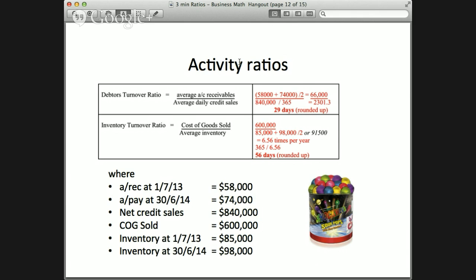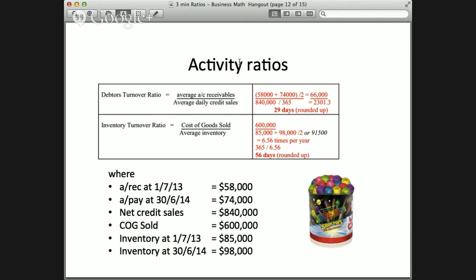So you're actually collecting the money owed to you on average in 29 days. Yeah, so that's not very good. If your payment terms and conditions are 7 days, that's really 22 days out of sync with your terms and conditions. So your staff are not collecting your funds very efficiently.